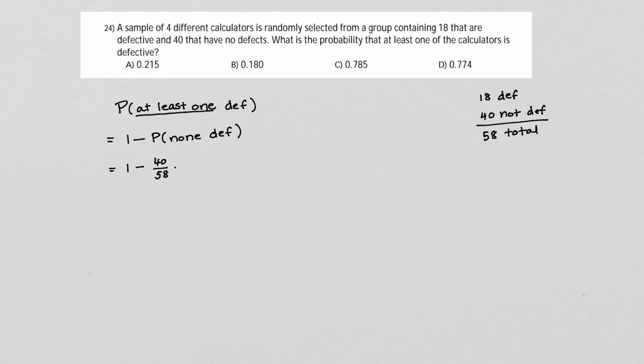And then the probability the next one is not defective, so now that'll be 39 out of 57. And then we keep reducing by 1 each time. And now 37 over 55. And when I pop that into the calculator, I get 0.785. And that's how you do that problem.